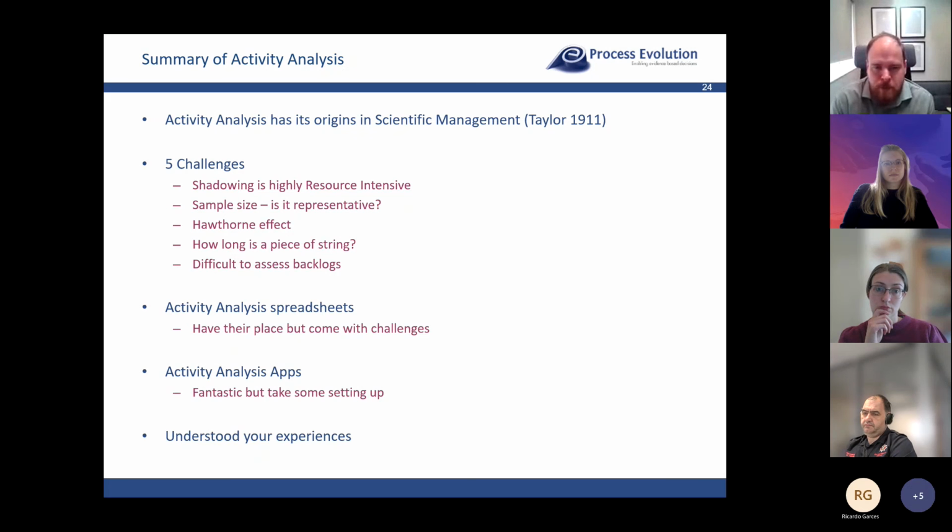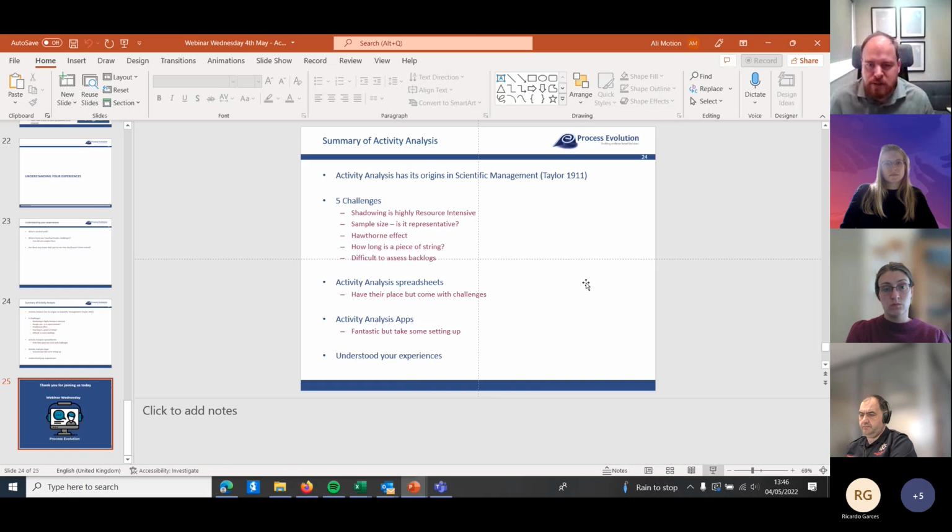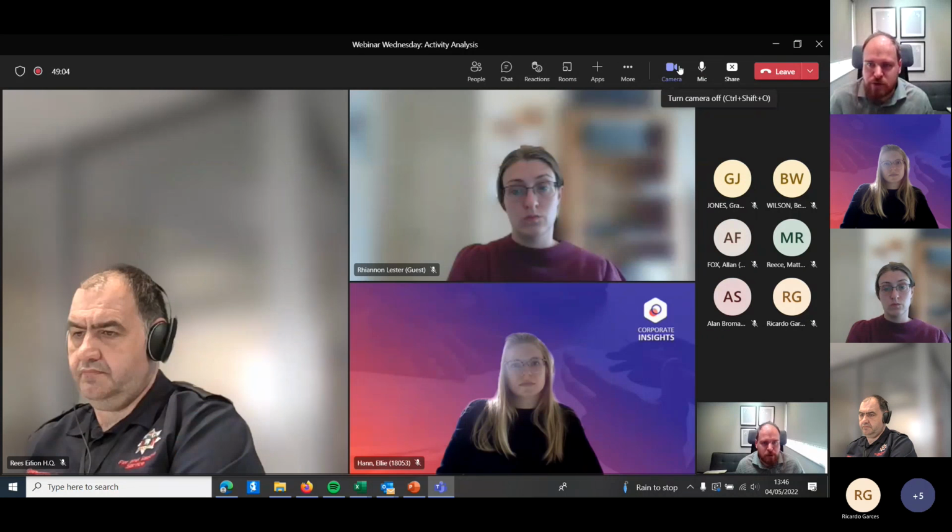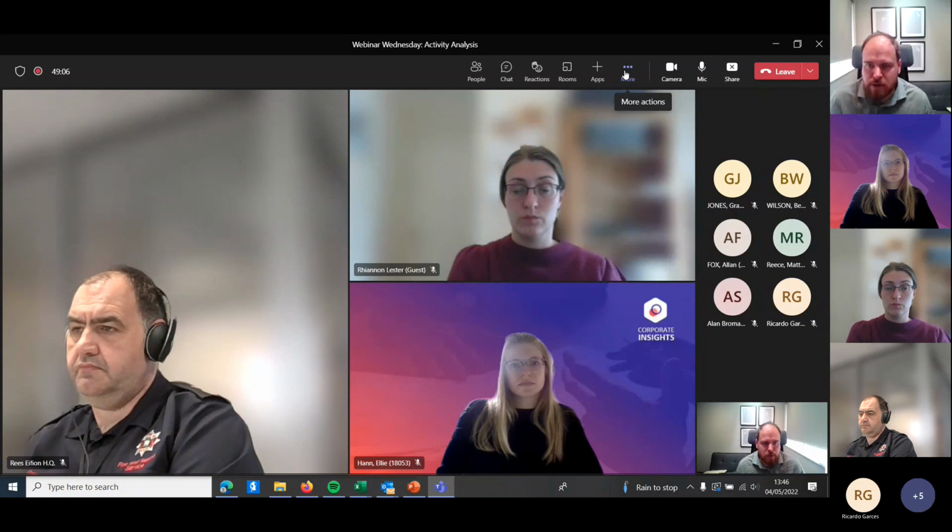Spreadsheets have their place, as could the apps, though from the South Wales point of view there was a significant amount of investment in comms and the technical side to get that to work. Sometimes the activity analysis spreadsheet comes to the fore because it's easy, but it still has its own challenges. So that was what I had today, but I'm going to stick around for a little bit if people have any questions or want to have a chat about things.